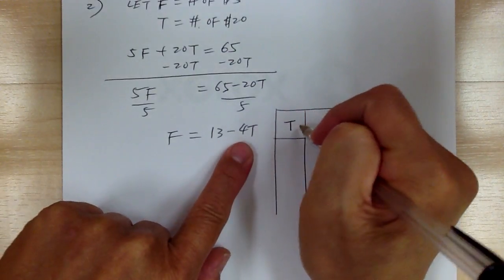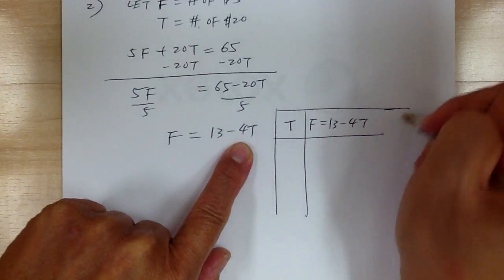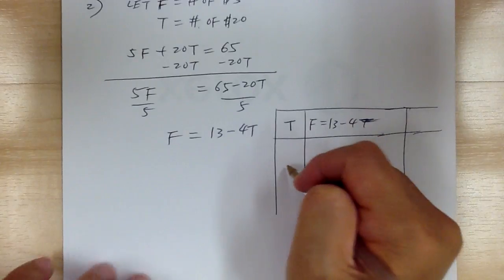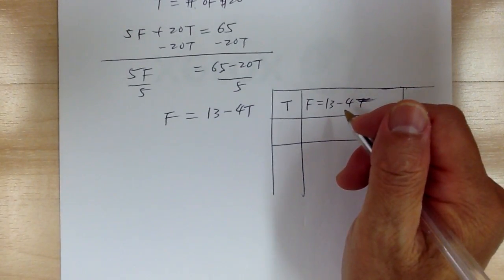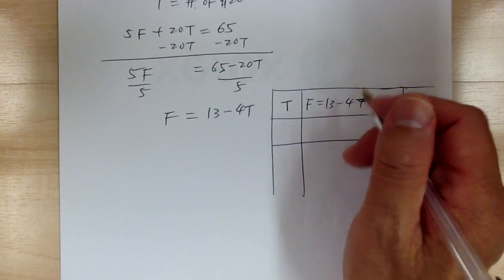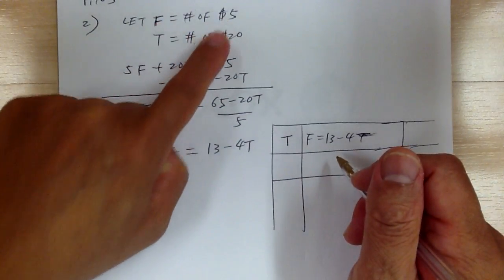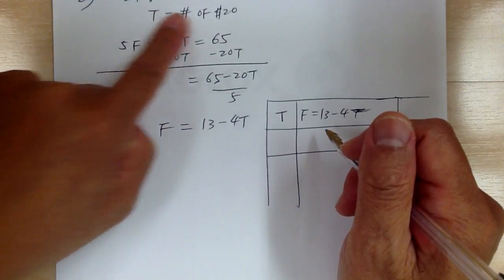So here's T, and here's the formula, F equal to 13 minus 4T. And here is the part you have to work out. So again, the minimum is 1, right? Because it says there are $5 bills and $20 bills. So you cannot start with 0, because if you start with 0, it means there's none, right?